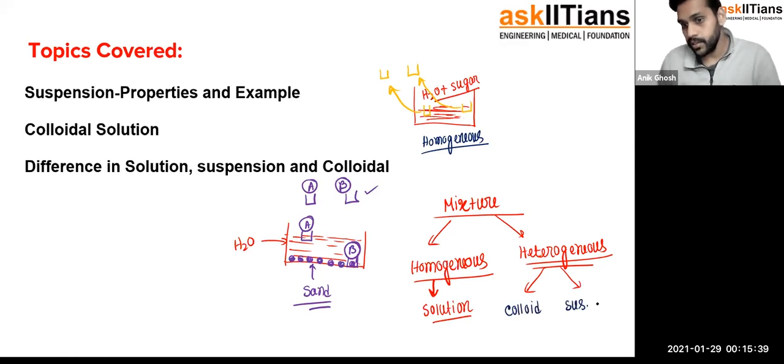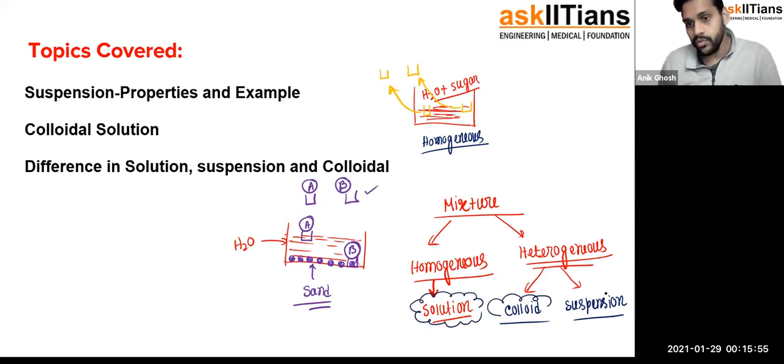So far, you have heard about all these things so many times: the colloid, the solution, the suspension. Today we are going to learn about these things only. We call it a solution or true solution, and colloid and suspension.